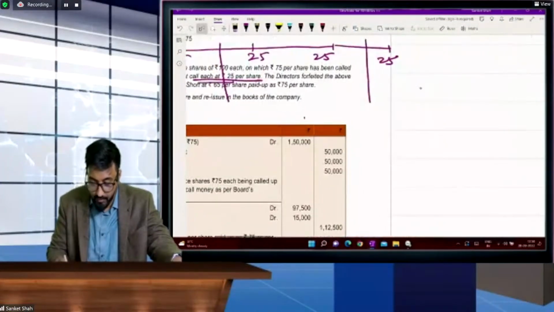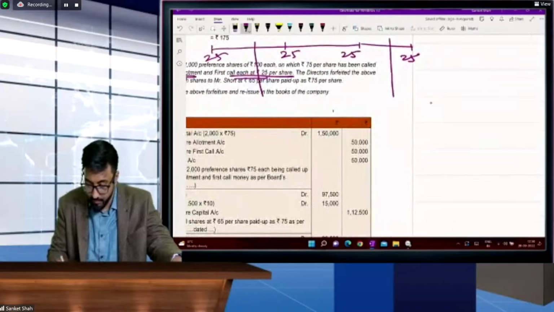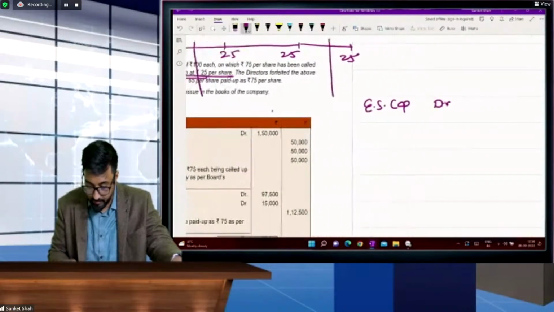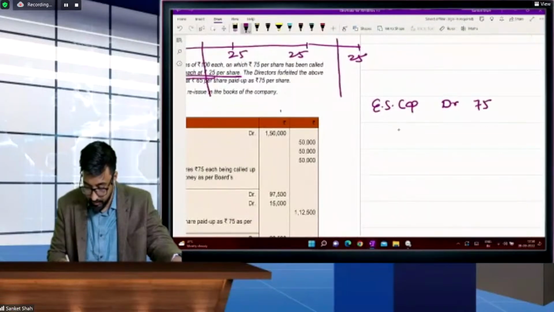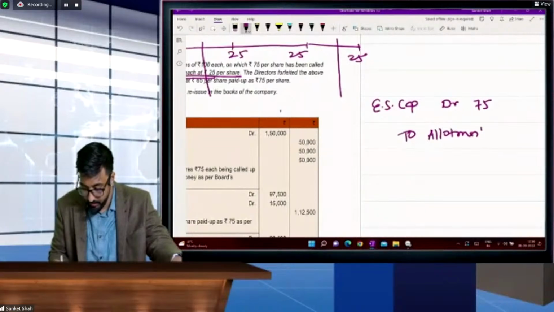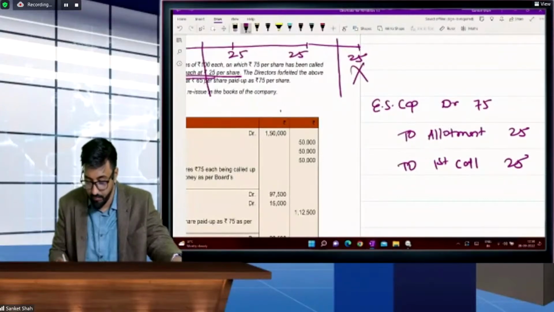So entry will be, this is a diagram. Equity share capital account debit 75, to allotment 25, to first call 25. This is not important.